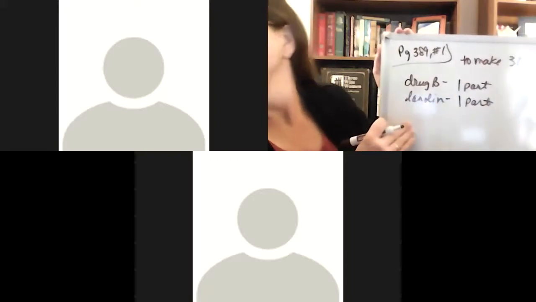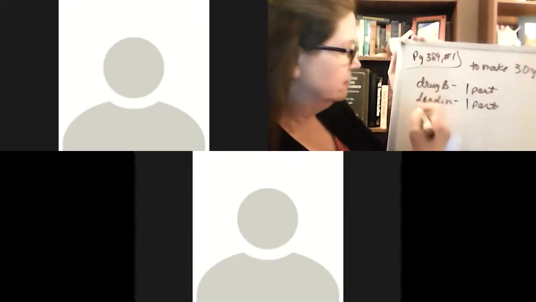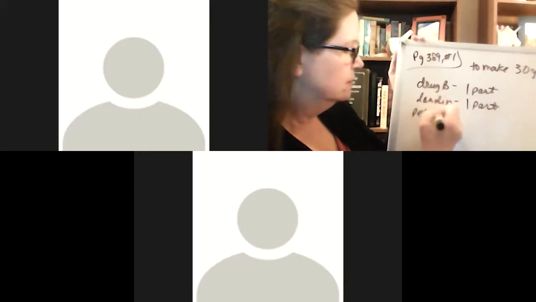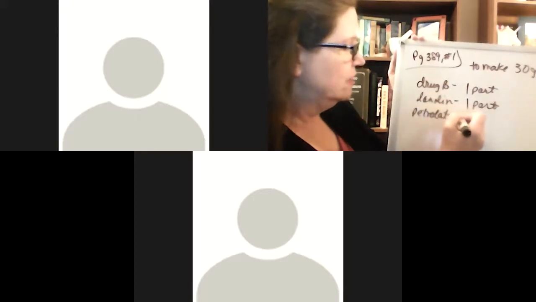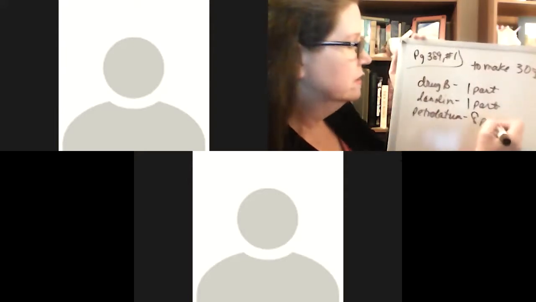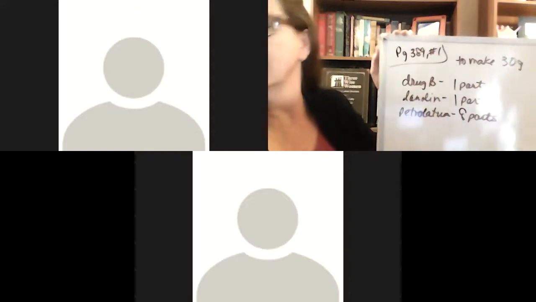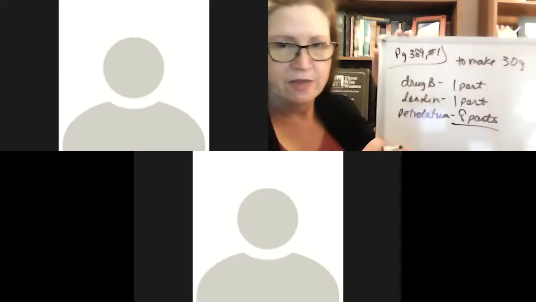And then petrolatum, which is basically Vaseline. Petroleum. So they're making a medicated Vaseline is what this is. And it's going to be 8 parts of the petrolatum. So what are we going to do? How many parts total, right? 10.